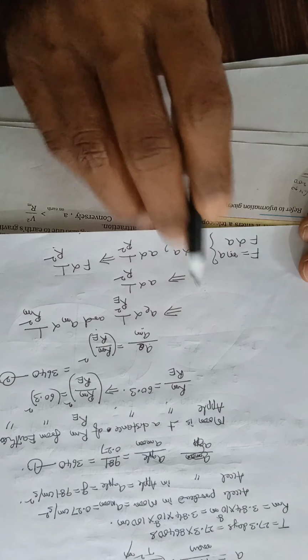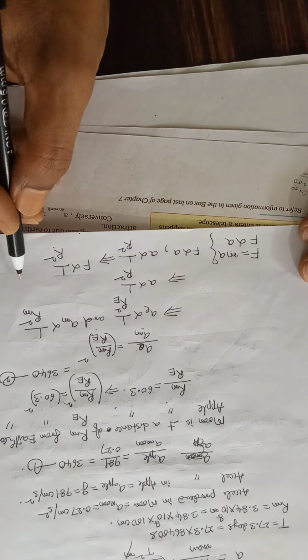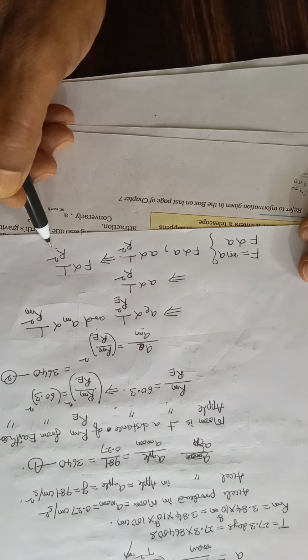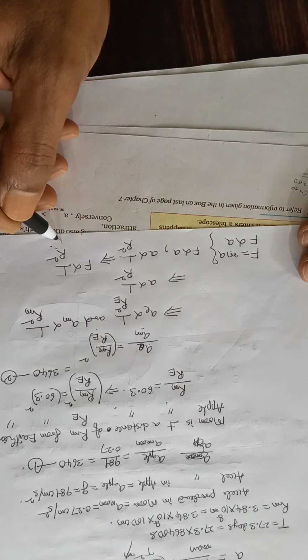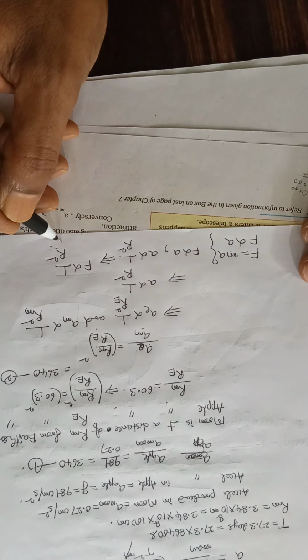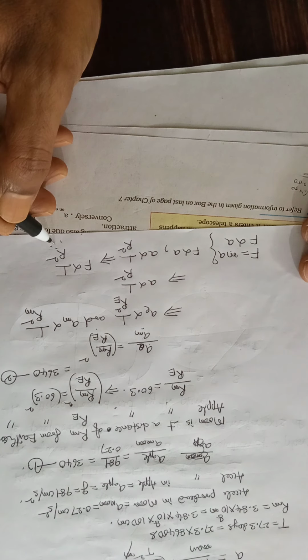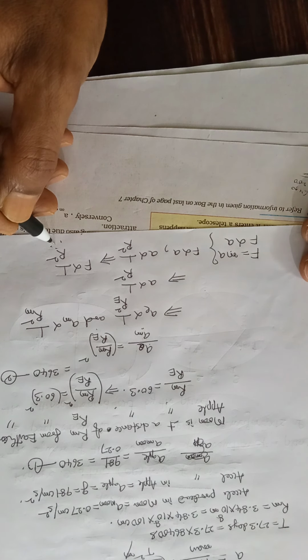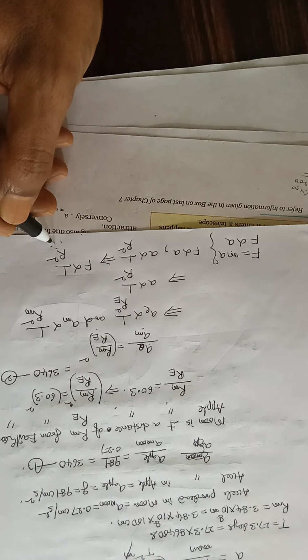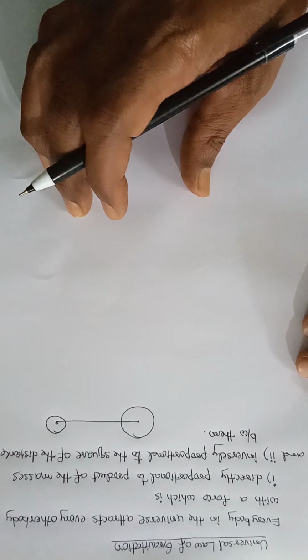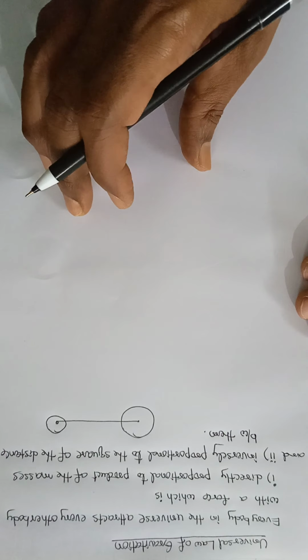Based on the experimental data, Newton arrived at this and prepared a statement. The force of attraction between any two bodies is directly proportional to the product of the masses and inversely proportional to the square of the distance between them. Our next topic is the universal law of gravitation.